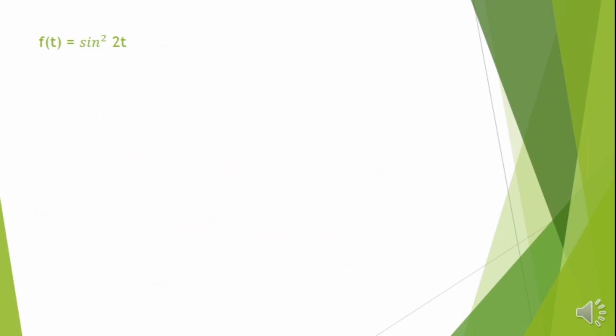Now the next category, f of t is equal to sin square 2t. Here also we don't have a function for a square of a trigonometric function. So we need to convert this into a linear combination.